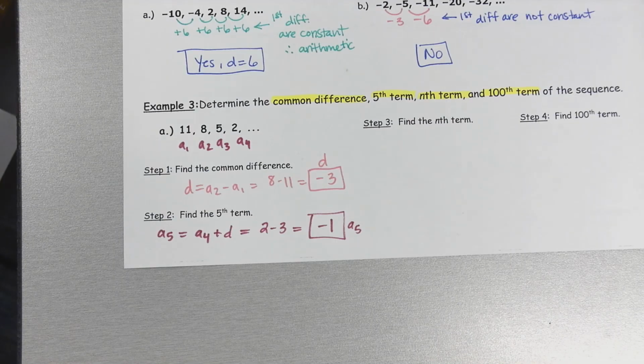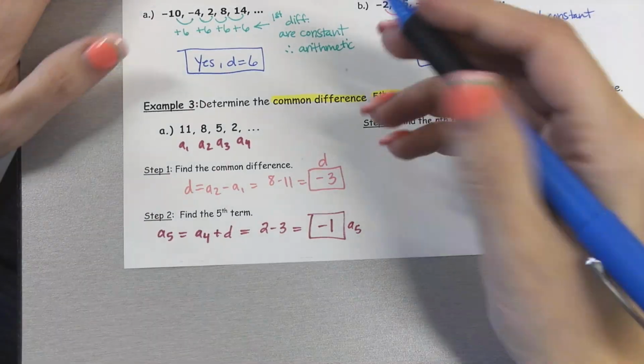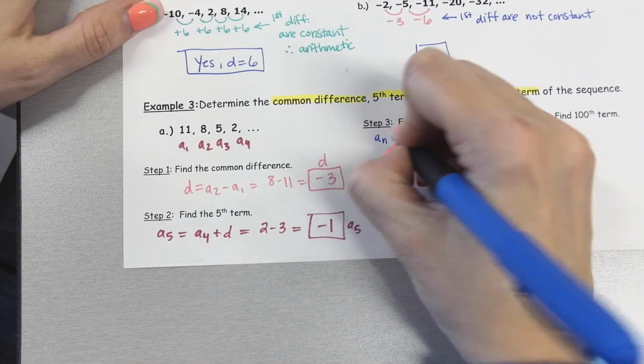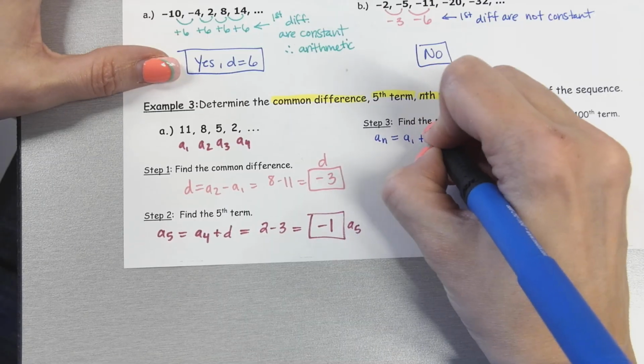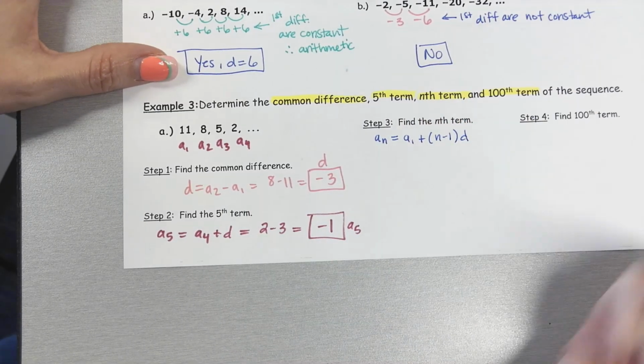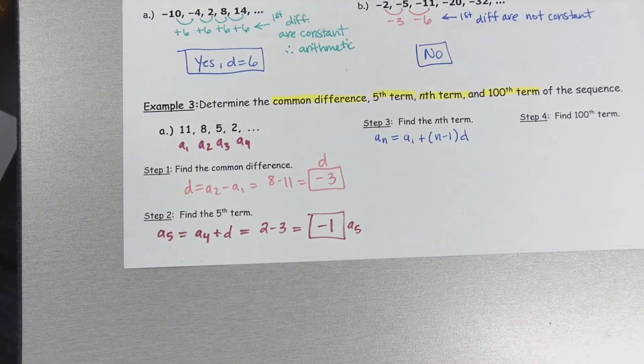And then we're going to find the nth term. So earlier today, we highlighted what the equation was for a sequence. Okay, you can find that above. It's a sub n is equal to a sub 1 plus n minus 1 times d. So whenever you are finding the nth term, remember that means you're finding an equation.